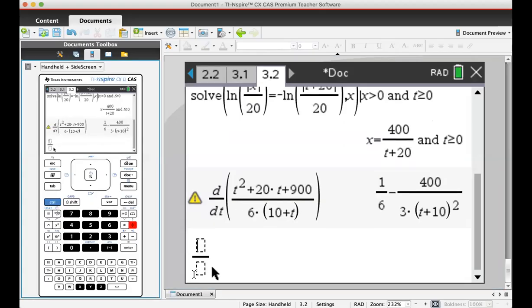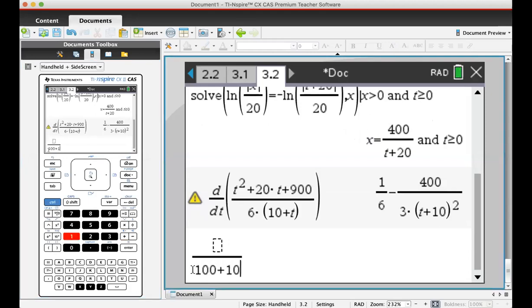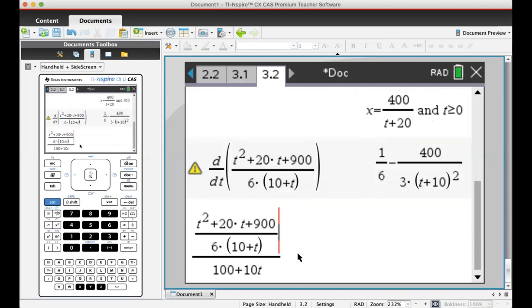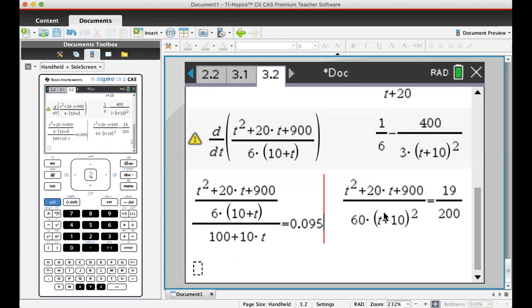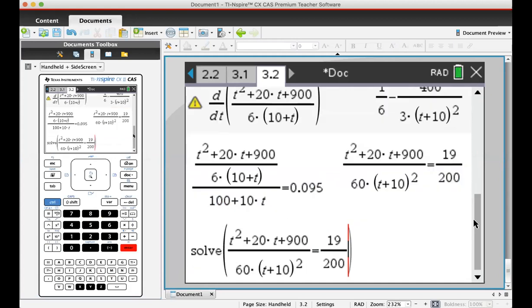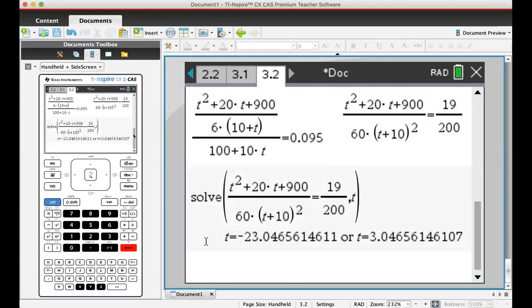So I need a fraction template. This is 100 plus 10t. Copy this bit here. Right, looks like this will be an appropriate equation to be solved. Comma t. Of course, we need to reject the negative value of t and retain the second one, okay? So that's it.